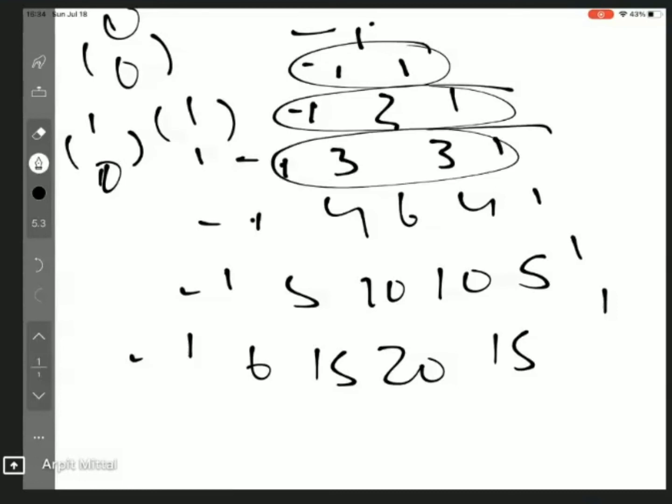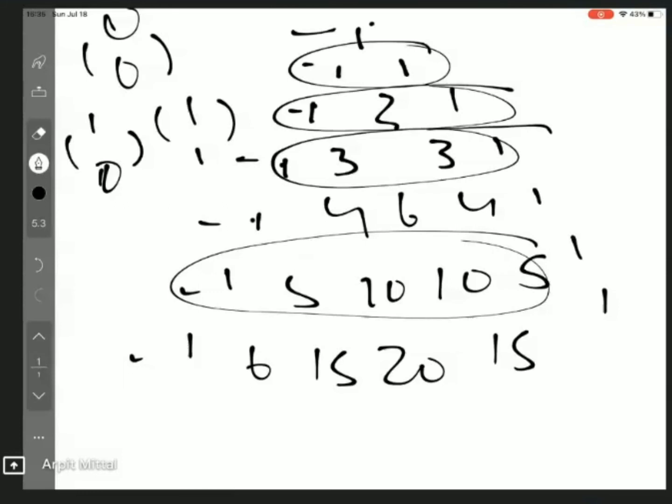These elements are 3 choose 0, 3 choose 1, 3 choose 2, and 3 choose 3. Similarly, for any row n, the elements are n choose 0, n choose 1, n choose 2, all the way up to n choose n. Does everyone understand this?